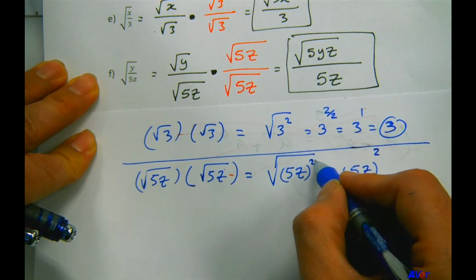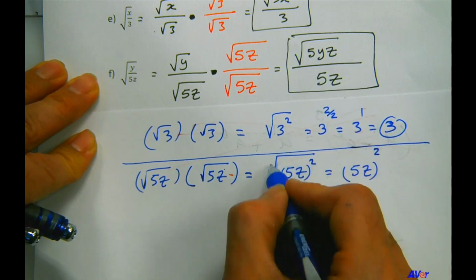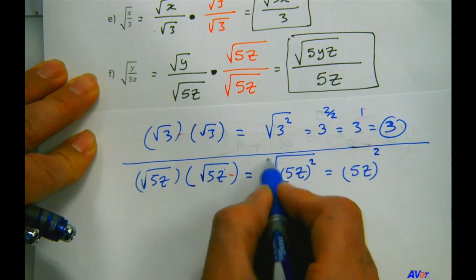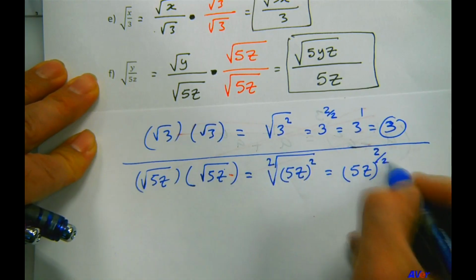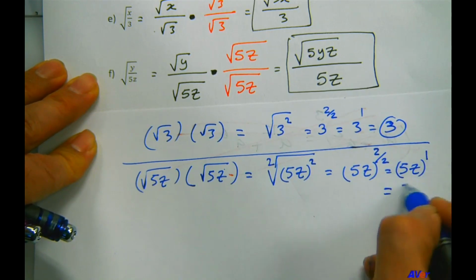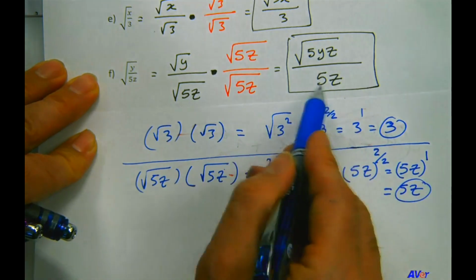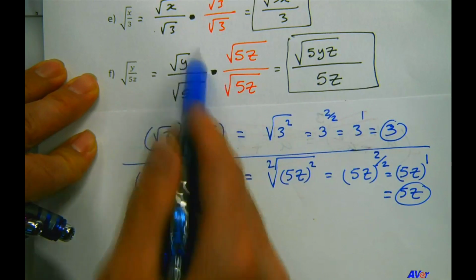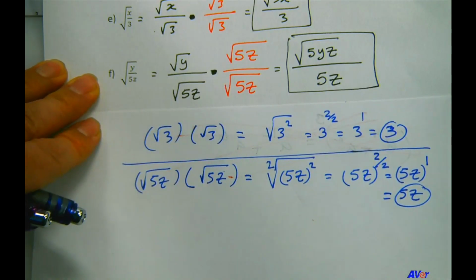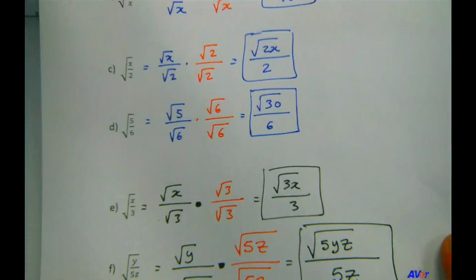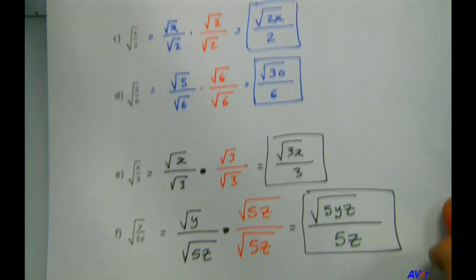This 2 divided by this 2, which by mathematical convention we do not write. This is square root, so this number is 2 divided by 2. So we have 5z to the first power, or 5z, which is what you have here. This is the reason why we're multiplying the denominators by what we are. Okay? If in case you have questions about that, I hope that clarified it.